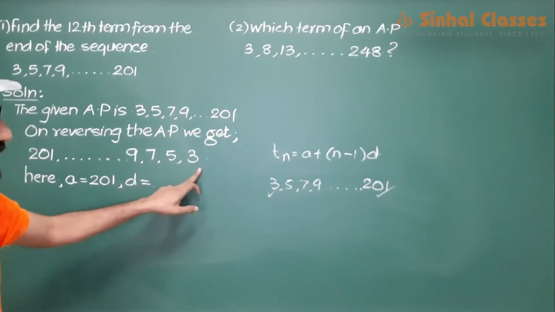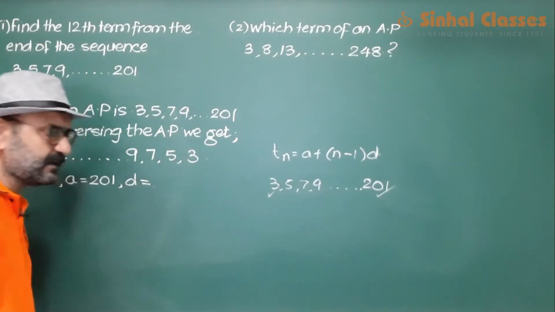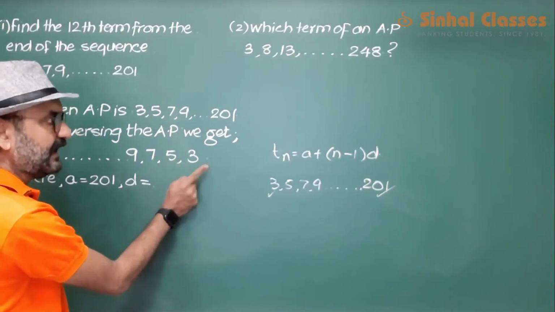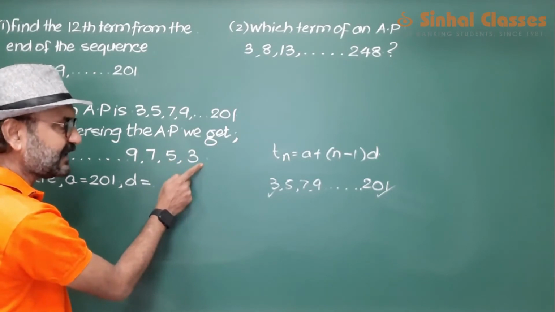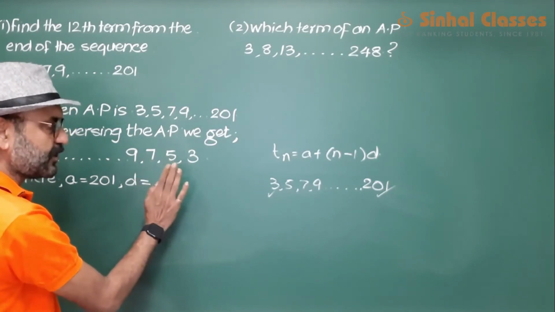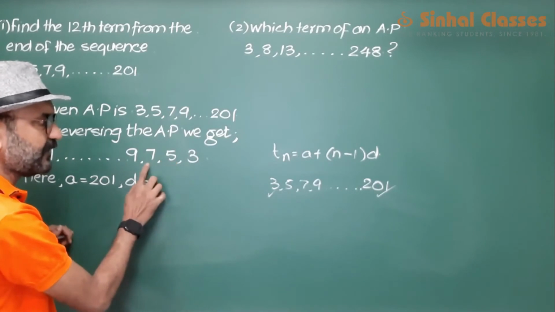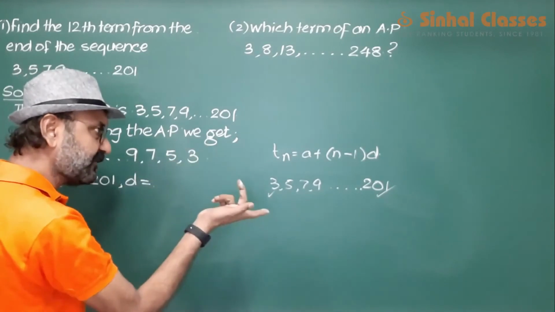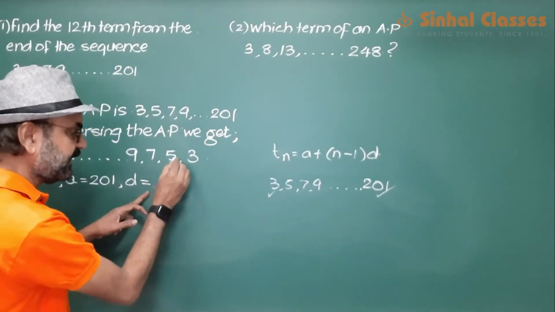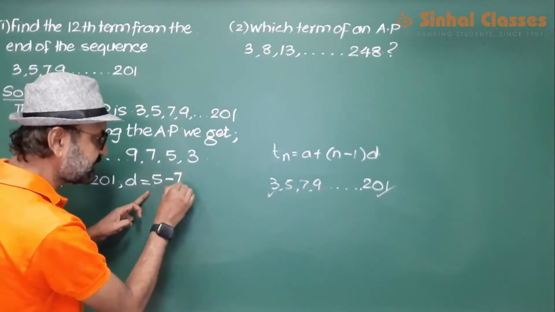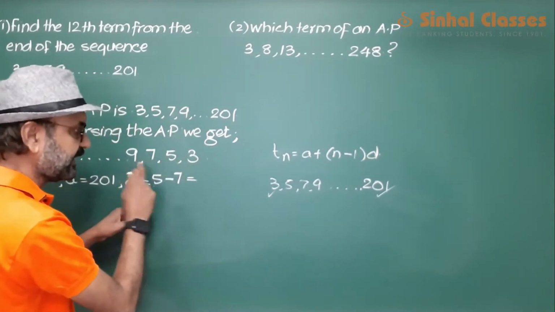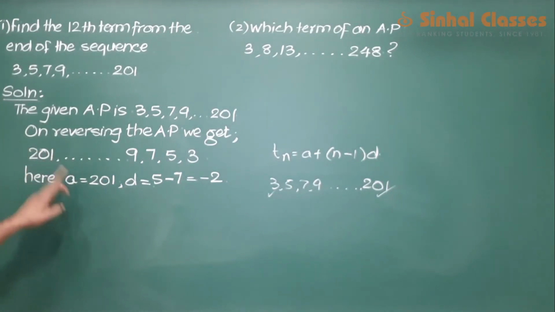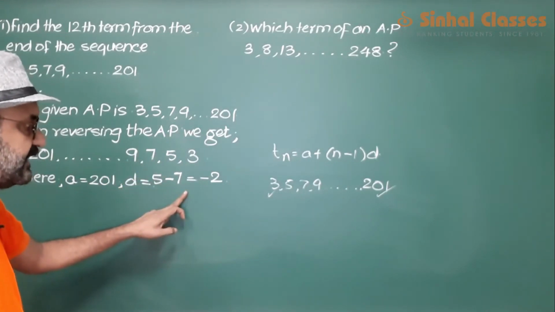Now when we are taking the difference, we always have to take the difference as succeeding minus preceding, latter minus former. बाद वाले में से पहले वाला माइनस करना है. That is how you take the difference. So you take any succeeding one minus the preceding one, not the preceding minus the succeeding. So that would be 5 minus 7, succeeding minus preceding, which is -2. So children, this is your difference. First term is 201, difference is d.